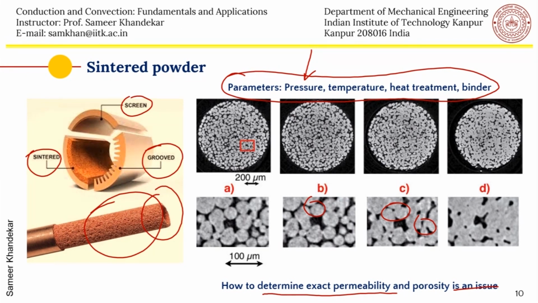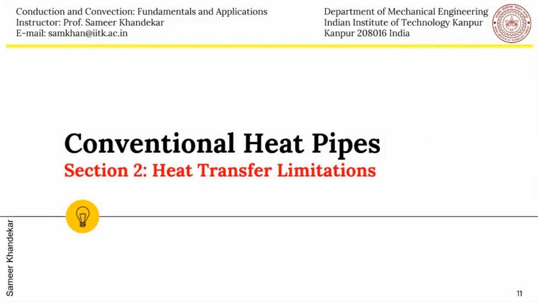Now in this particular section, we will look at the heat transfer limitations of conventional heat pipes: how much heat they can transport if you have chosen the geometry, the working fluid and the wick.